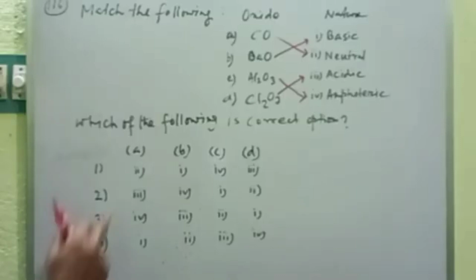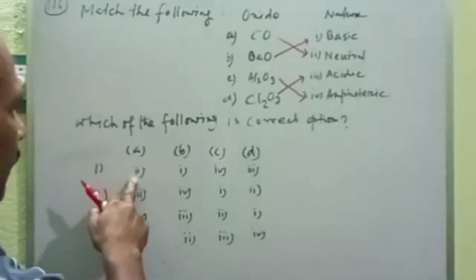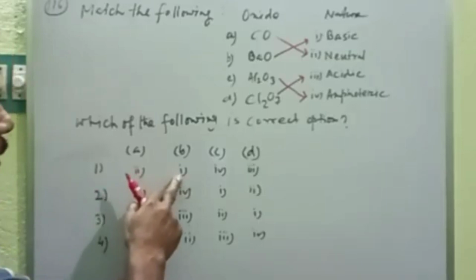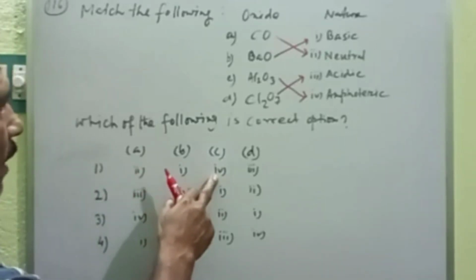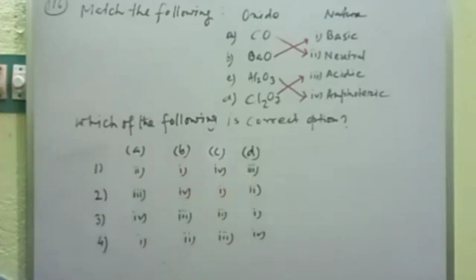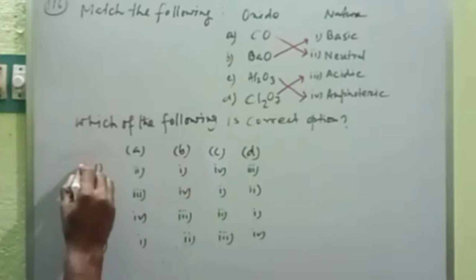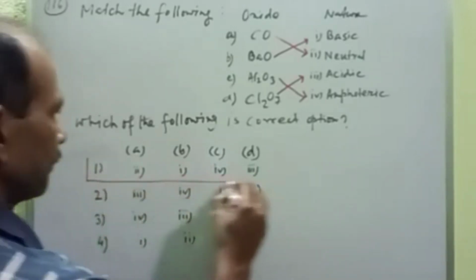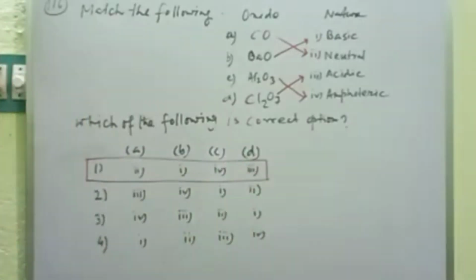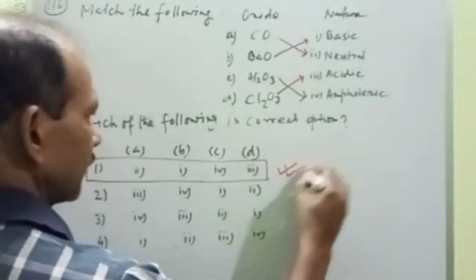Therefore, A2 is here, B1 is here, C4 is here, and D3 is here. Therefore, the correct option is option number 1. This is the correct option.